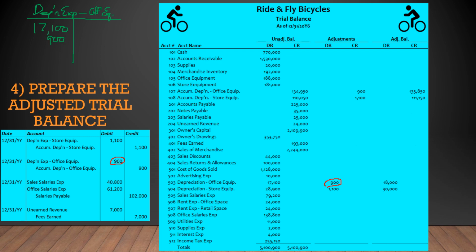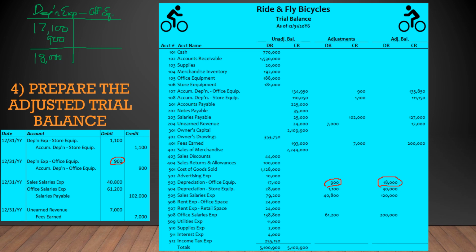Consequently, the new adjusted balance is $18,000. We'll do the same for accrued employee expenses and unearned revenue.